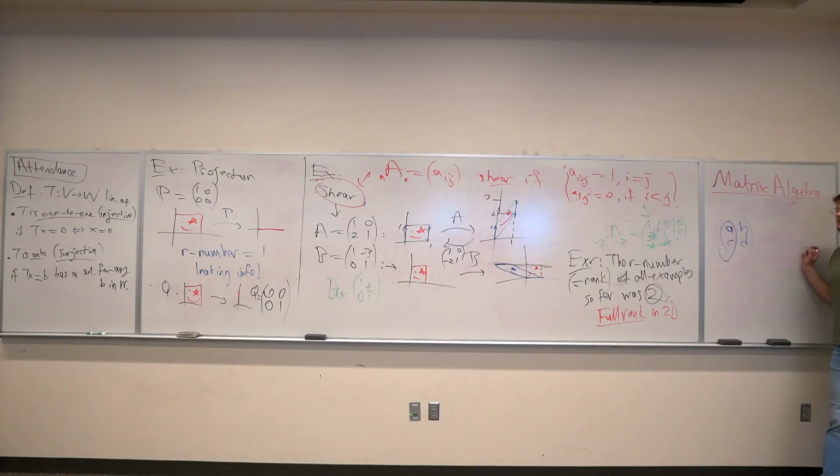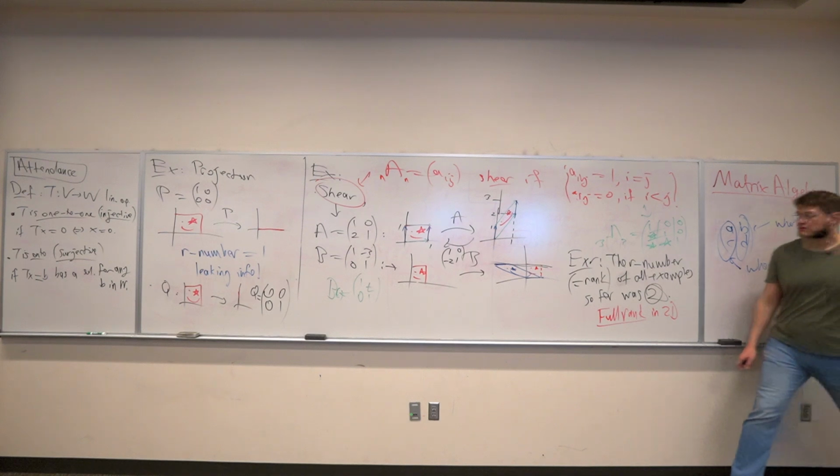The first column tells you where 1, 0 goes. The second column tells you where 0, 1 goes. So you can start with the matrix and figure out the geometry, or go backwards. You can think about the geometry, figure out where 1, 0 should go, where 0, 1 should go, and based on this, come up with the matrix.